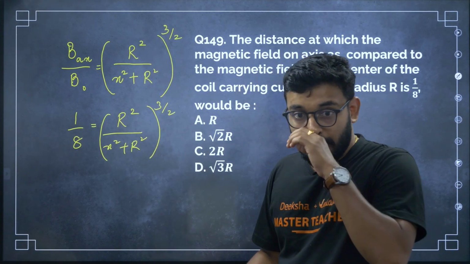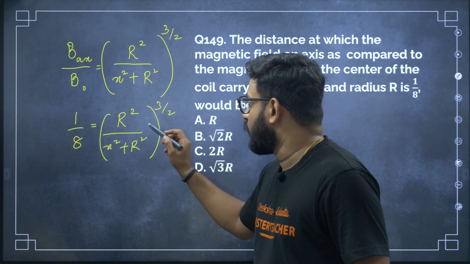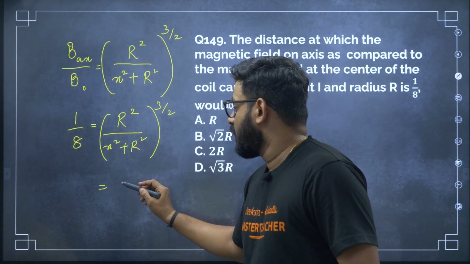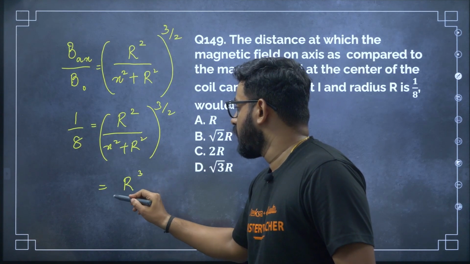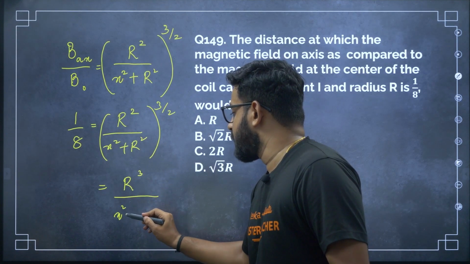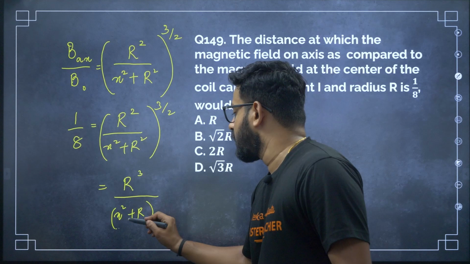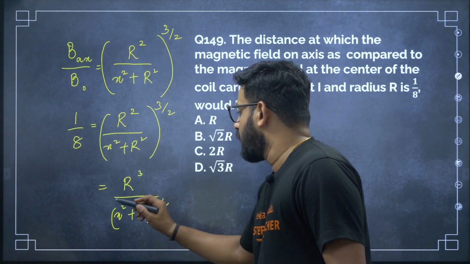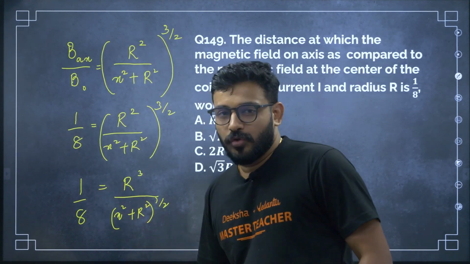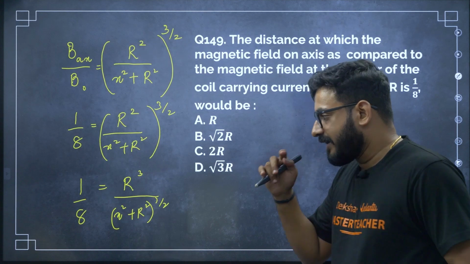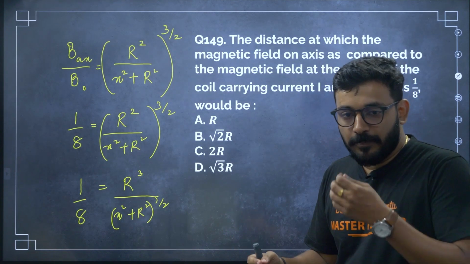When you apply this, you will get r cube in the numerator: r cube divided by (x square plus r square) whole power 3 by 2 equals 1 by 8. So cross multiply and solve it yourself. Just cross multiply and solve it yourself.